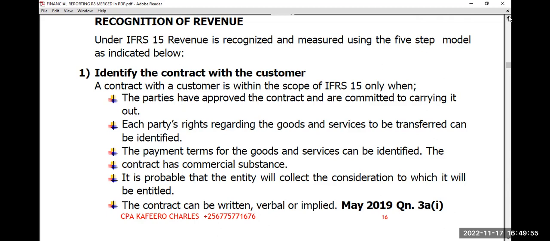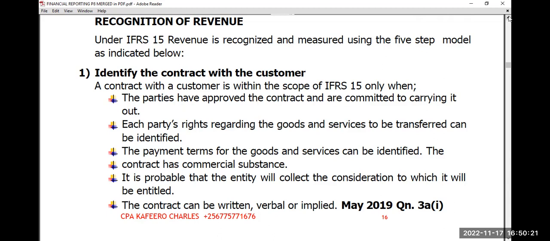Then the other condition is that it is probable that the entity will collect the consideration to which it will be entitled. What we are looking at here is that the company should be able to collect the money for the goods they have actually supplied to a certain customer.